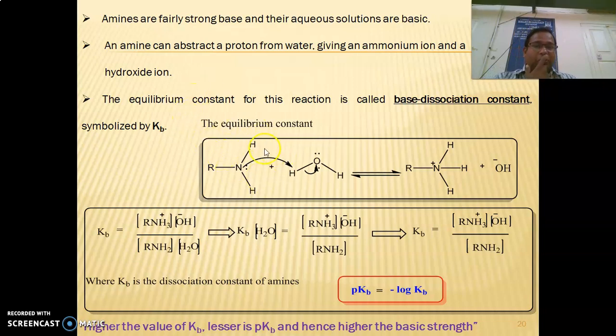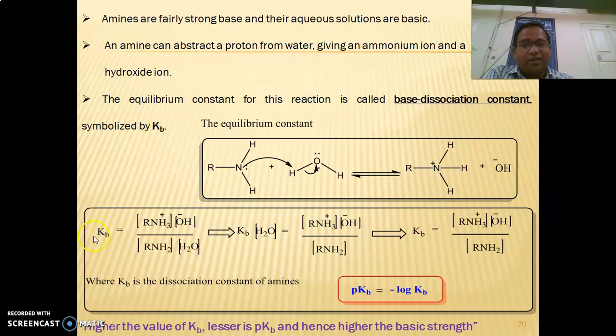If you look into this reaction, the primary amine donates the pair of electrons. When a primary amine is added to water, it accepts the proton from the water molecule and forms the corresponding ammonium ion and hydroxide ion. This reaction is an equilibrium, and it can be represented by the base dissociation constant, Kb.